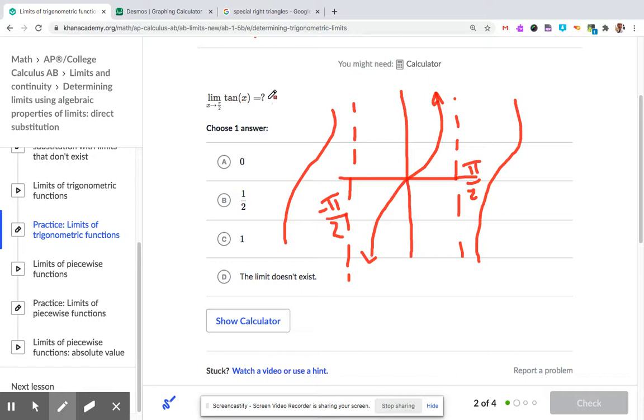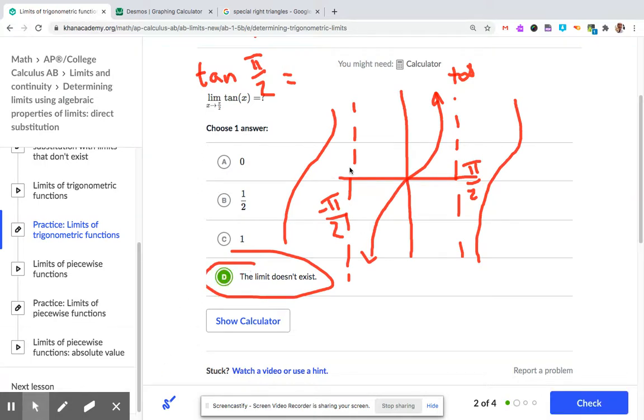What this is saying is we're trying to calculate tangent of pi over 2, and it doesn't even exist. It's unbounded. The limit doesn't exist in the sense that it doesn't go to anything in particular. It gets closer and closer to positive infinity, which in this case is the does not exist option.